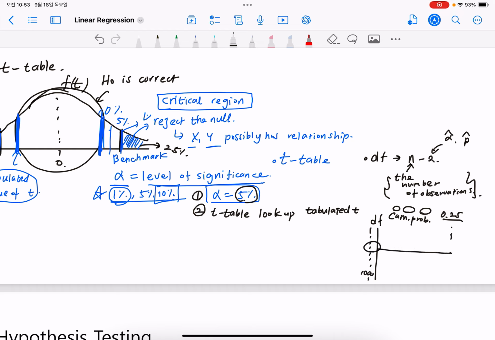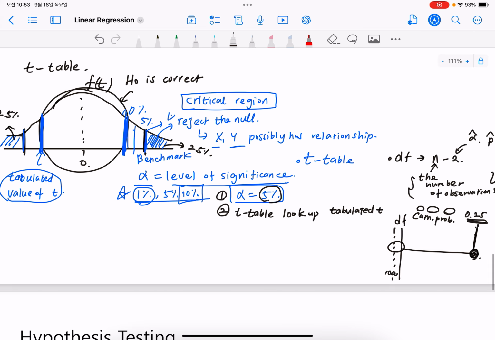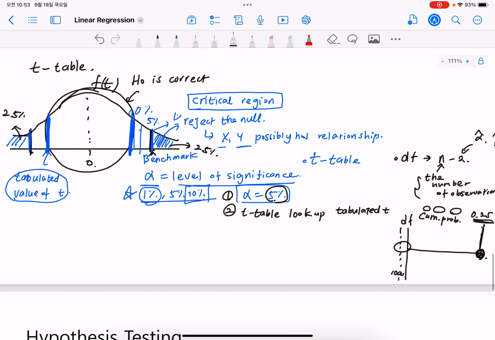Given some degrees of freedom and that probability, you can look up the number, and that's going to be the number that you plug in here and here. Because it's symmetric, if this is like 1.69, then this is also going to be minus 1.69, something like that, right? It's symmetric. Okay.